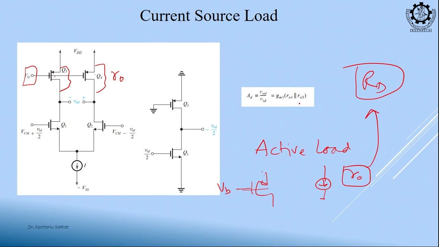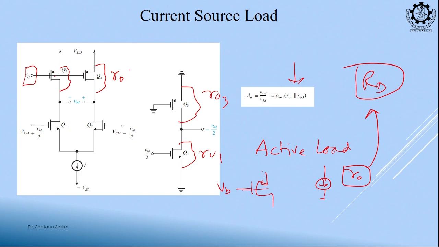So, what will be my gain now? If this is RO1 and this is RO3, the gain is GM1 times RO1 parallel RO3. I am not getting into details because we have discussed this in detail in the common source single stage amplifier.